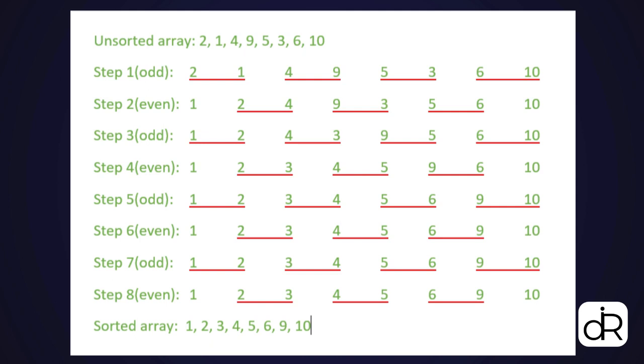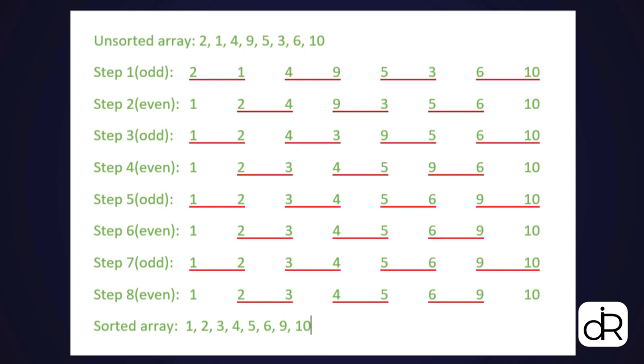So in step 2 and the result in step 3, we're here at even, so we're gonna start with the even indexes. We're not going to touch number 1 because it is at an odd position, but 2 is at an even position, so we're going to compare 2 with 4. 2 is already smaller than 4, and nothing happens.